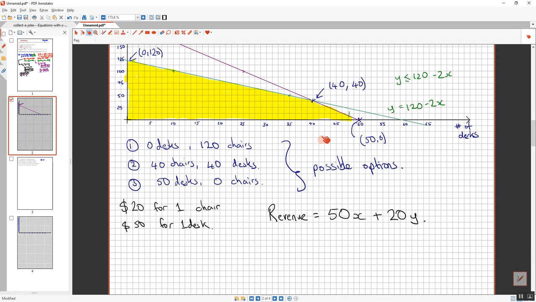So in order to figure out the one that's going to make the most money, we're going to put this in a table. We're going to have our value for x, our value for y, and then 50x plus 20y. So if I've got 0 desks, that's my x, and 120 for y.